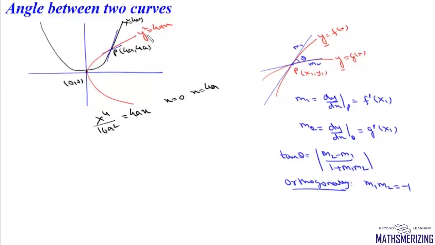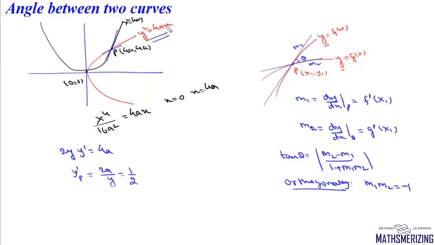So we'll find the slopes. We'll differentiate this parabola, so we'll get 2y into y dash, and this is 4a. So y dash at this point P is 2a upon y, and y in this case is 4a. So it will simply be 1 by 2.